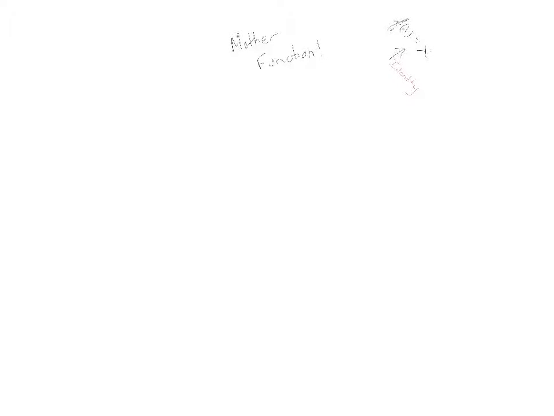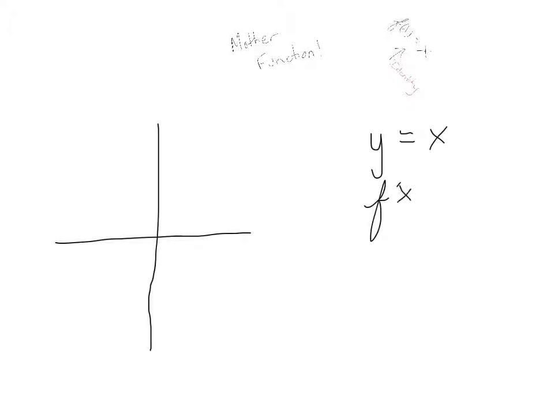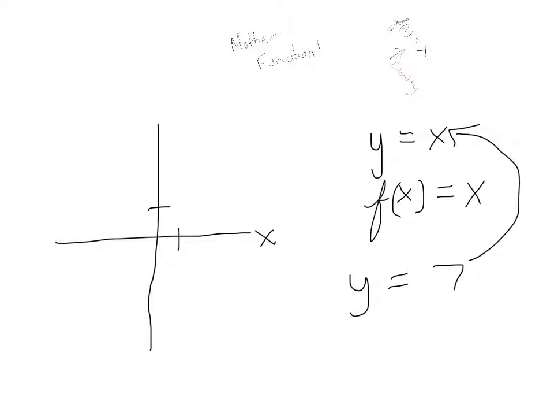Well, on a graph, if you want to look at the identity function, which is y equals x, or f of x equals x, same thing, right? Well, when x is 7, guess what y is? y must be 7 as well. So when x is 1, y is 1.